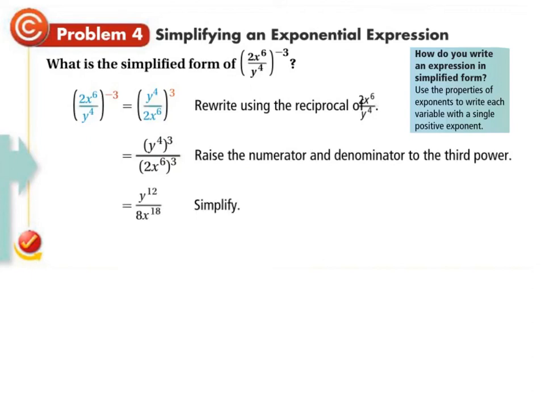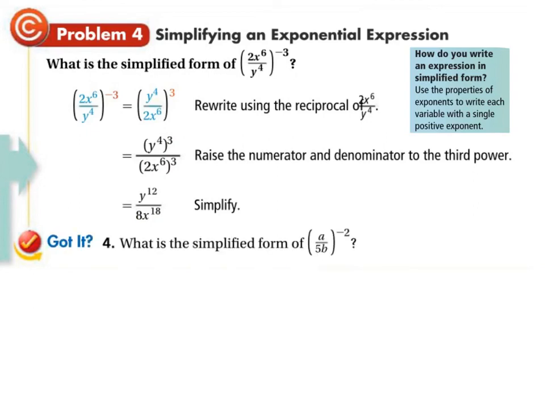And when we do that, we multiply those exponents. 4 times 3 is 12, so we get y to the 12th. And we raise each piece inside, the coefficient and the variable, also to the third power. So 2 to the third is 8, and x to the sixth to the third is x to the 18th. There's nothing to cancel here, so that is the simplified form of it.